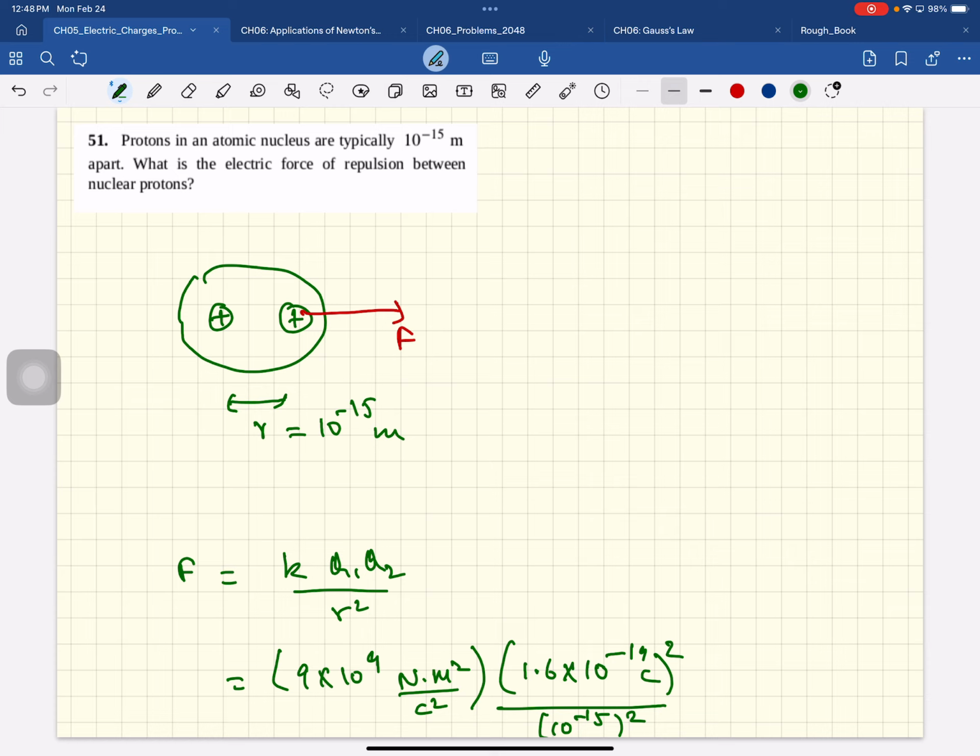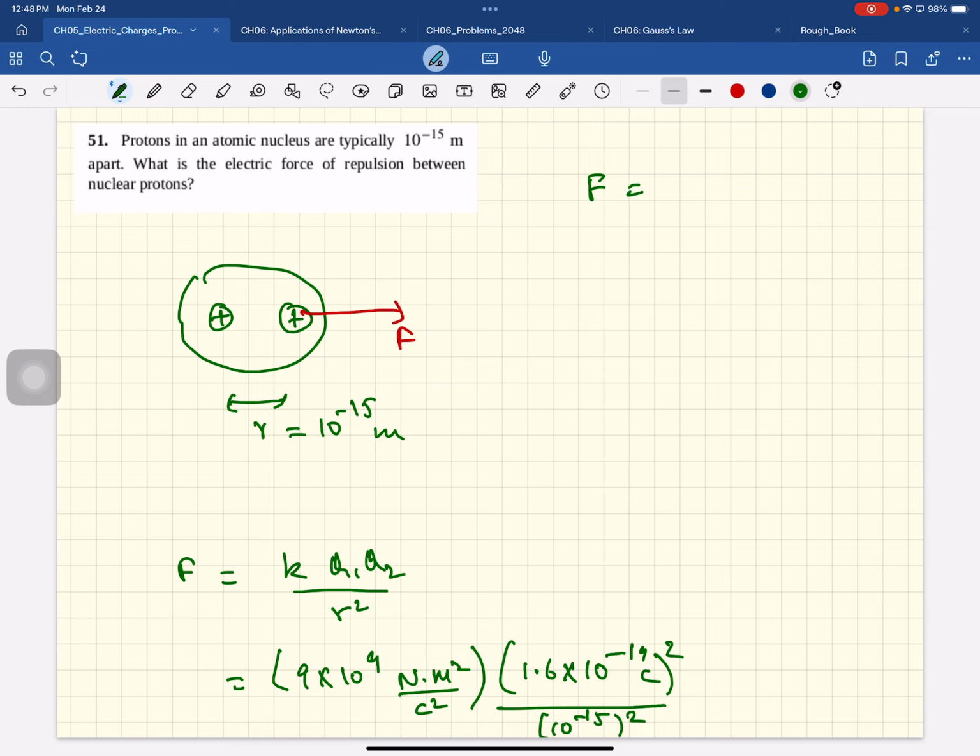Okay, so let's take care of powers of 10. That's 10 to the minus 19, and that gives you 10 to the minus 4, and then that's squared. Okay, so 10 to the minus 8, but you have a 10 to the plus 9 here, so that becomes a 90.